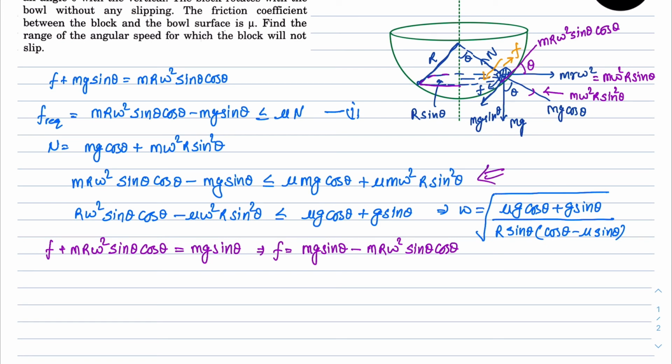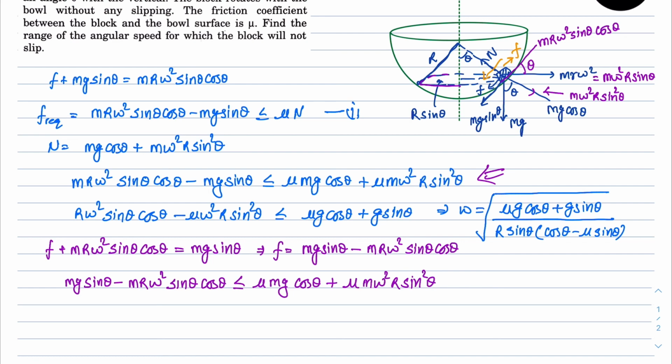So from here, mg sine theta minus m r omega square sine theta cos theta should be less than or equal to mu times N, that means mu mg cos theta plus mu m omega square r sine square theta.